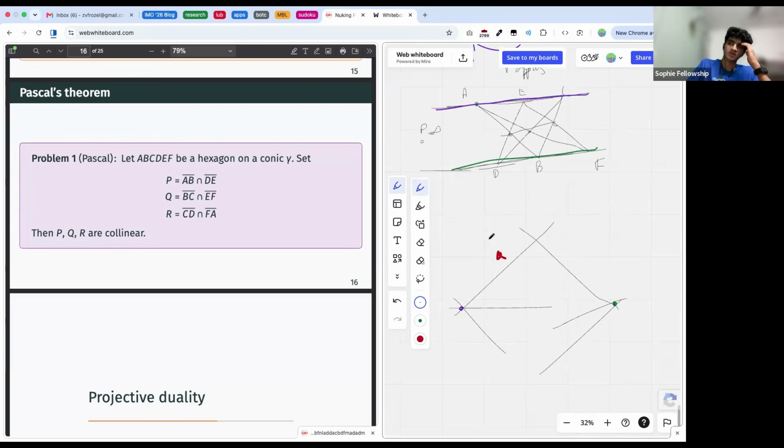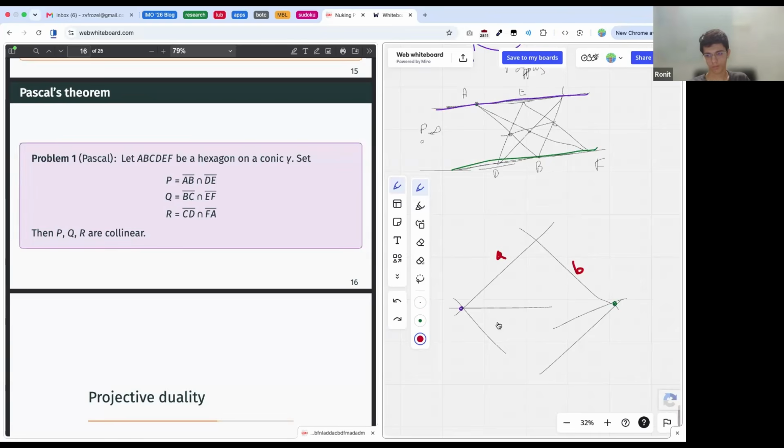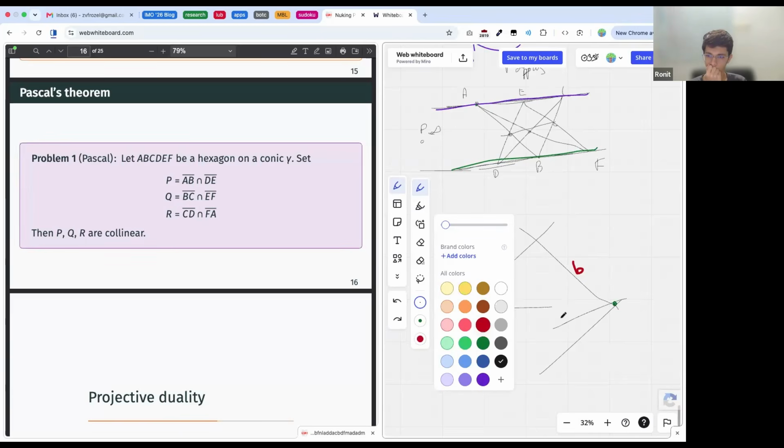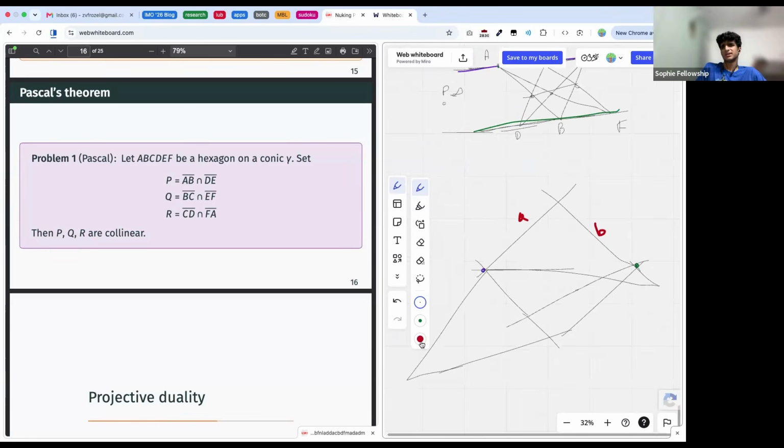So now what does the statement for Pappus look like over here? So that's C, D, E, and F. I think I'm not drawing it in the best way possible. I think there might be a better way to define this.